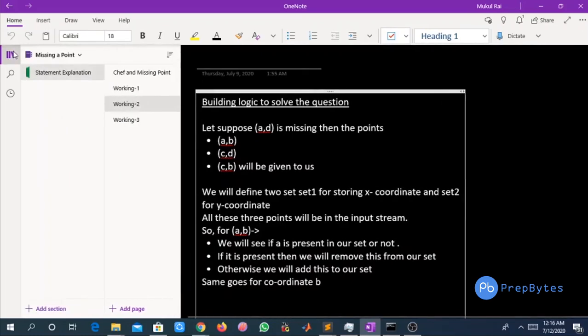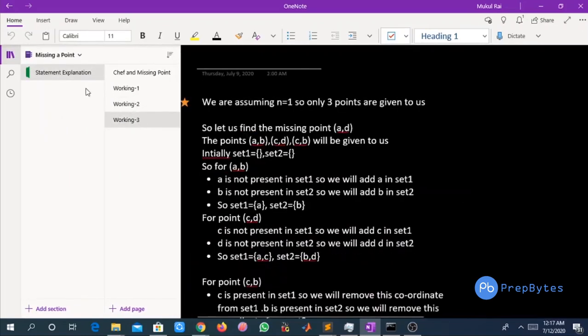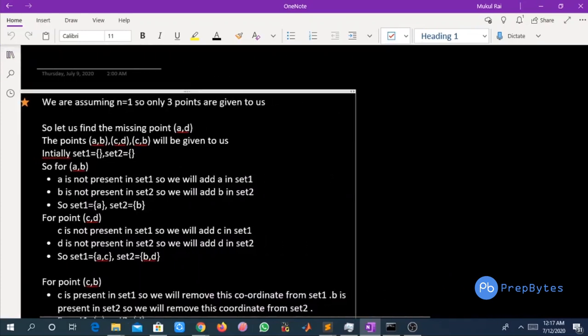So how is it going to help while solving the question? Let's see. Here we are assuming n equals 1, so only 3 points are given to us. Let us find the missing point a comma d by following the logic discussed earlier. The points a comma b, c comma d and c comma b will be given to us. Initially set 1 and set 2 will contain nothing.